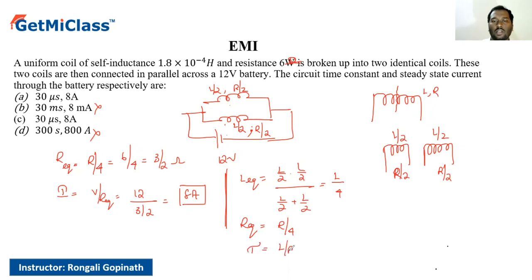So tau is L by R, which is nothing but L by 4 by R by 4, which is 1.8 × 10^-4 by R is 6, which is 0.3 × 10^-4 seconds, or 30 microseconds. That would be option C.